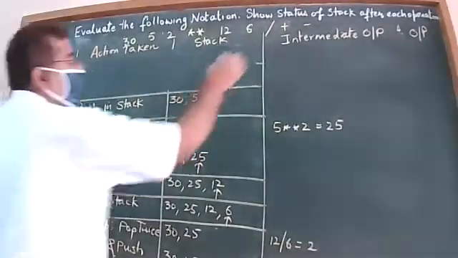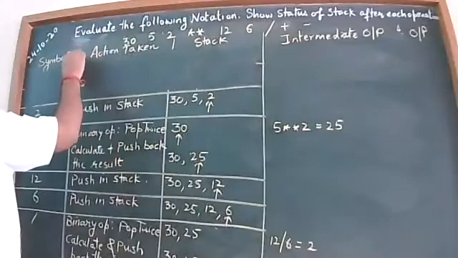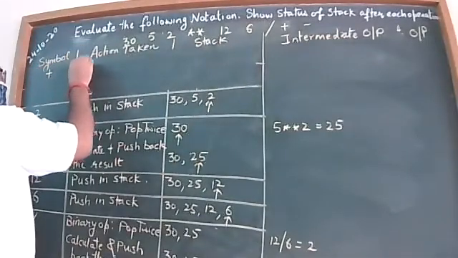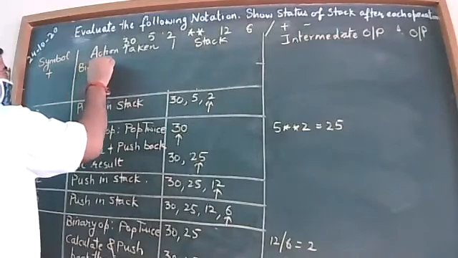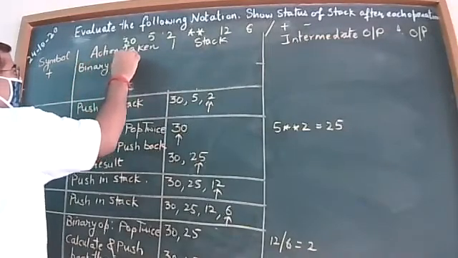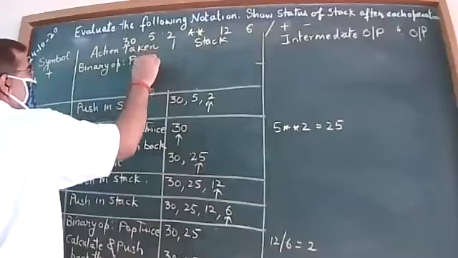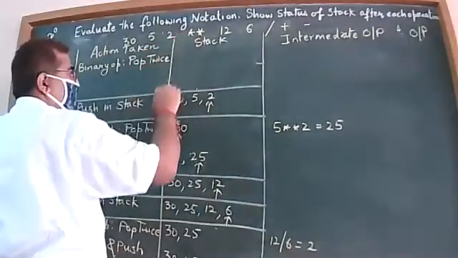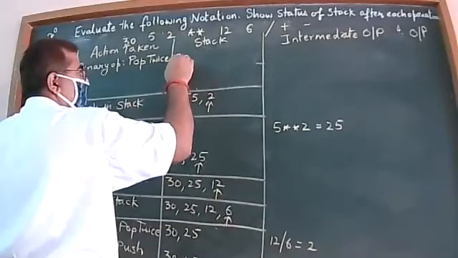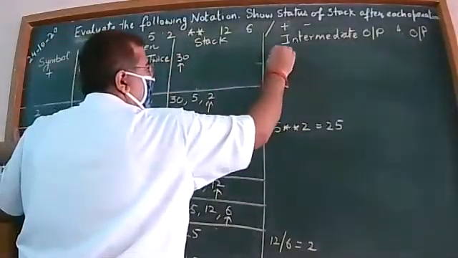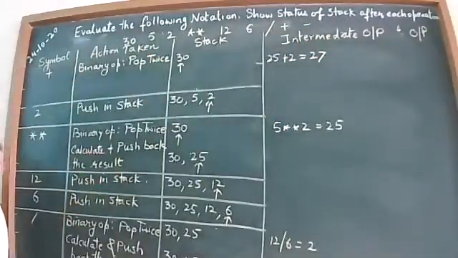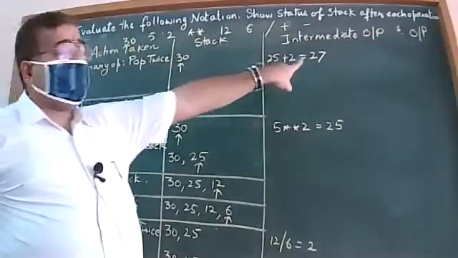Our next operator is plus. Plus is a binary operator. Pop twice. So I am left with 30 only. And I add two numbers, 25 and 2, and the result is 27.